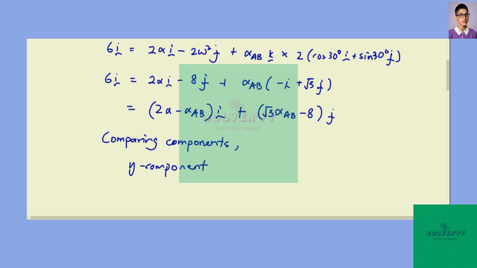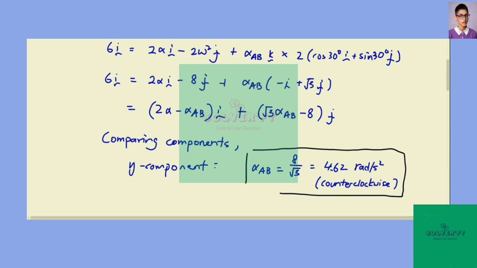This is 8 over root 3, which is 4.62 radians per second squared, counterclockwise. So this is one of the answers that we need for this question.